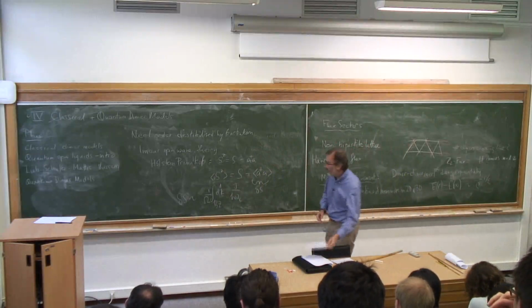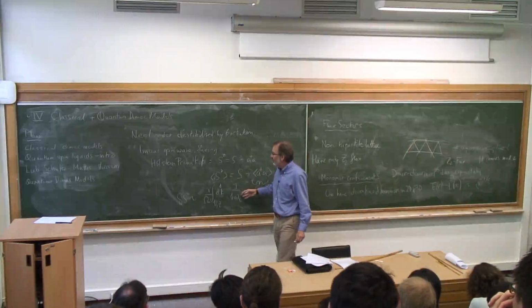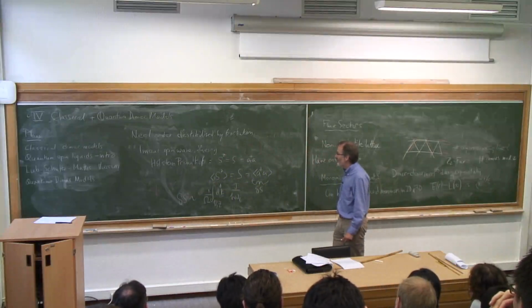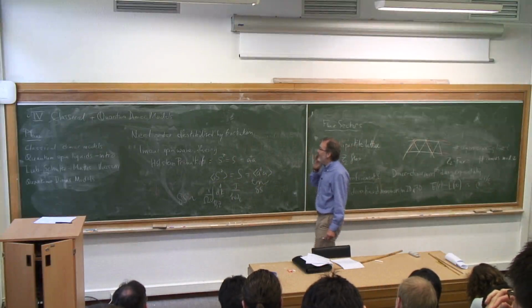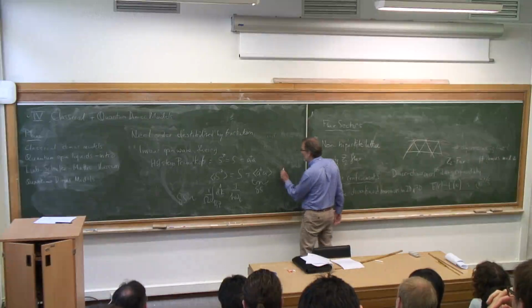So if you have a lot of low frequency modes, then you increase the size of the zero point fluctuations, and in a frustrated system, that's exactly what we tend to do.